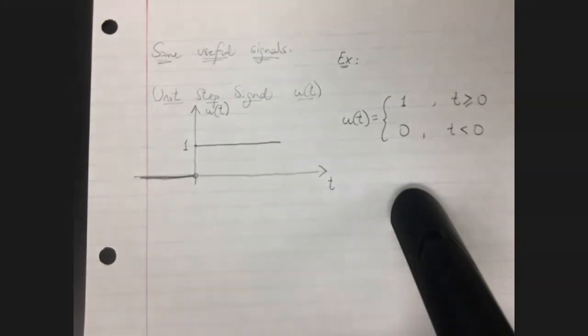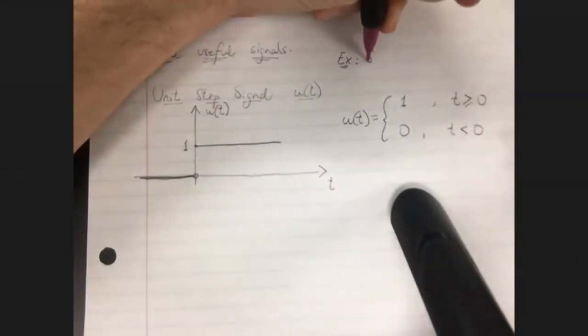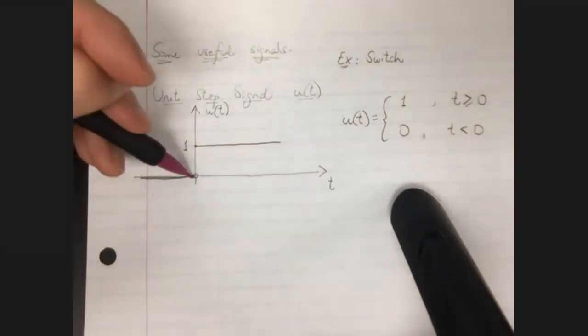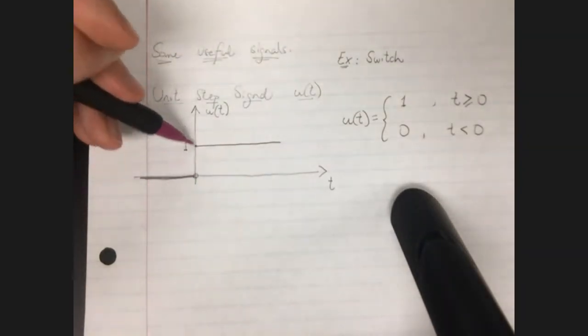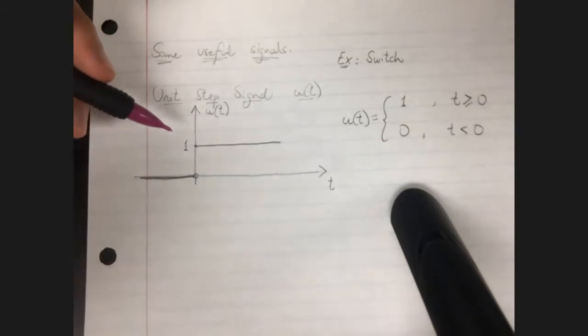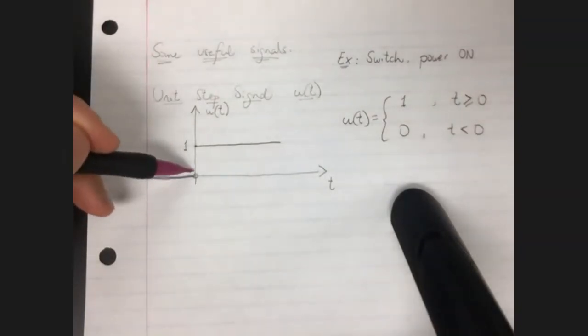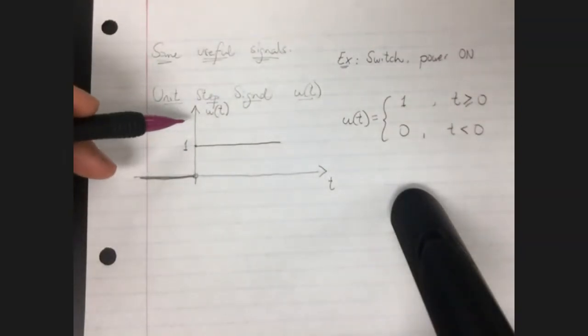Switch, absolutely. Notice that it's going from 0 up to 1. So if it's a switch where you're powering something on, anything that you're powering on is going to be modeled by this unit step signal.